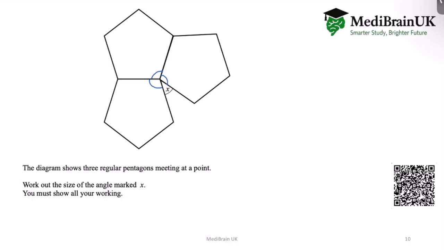And then you know that angles around a point add up to 360 degrees. So I'll give you guys just a couple of minutes to have a go at this question. Don't worry if you can't get it. I'll go through it in a couple of minutes. Have a go at it. Type your answer into the Q&A once you've had a go.